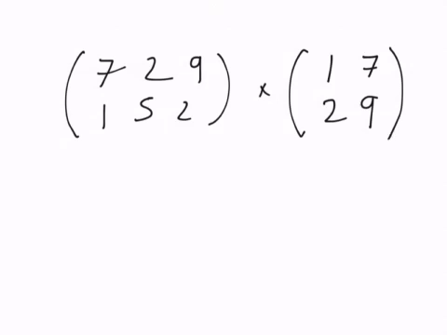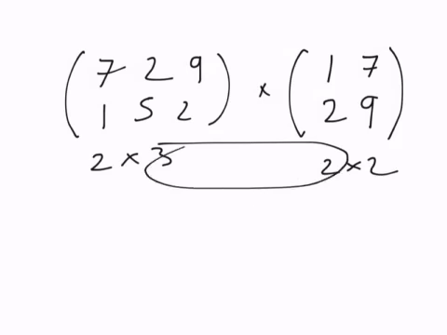So, the first matrix has dimensions 2 by 3, and the second matrix has dimensions 2 by 2. So as you can see, these numbers are different, and you can't multiply them together. But I'm going to show you why.